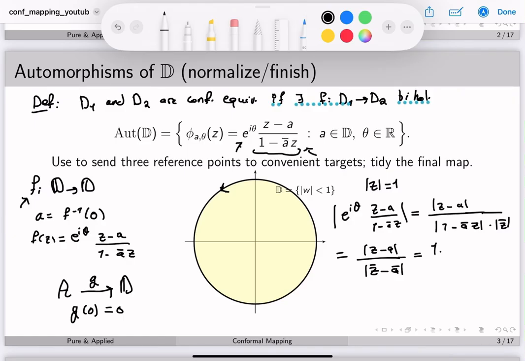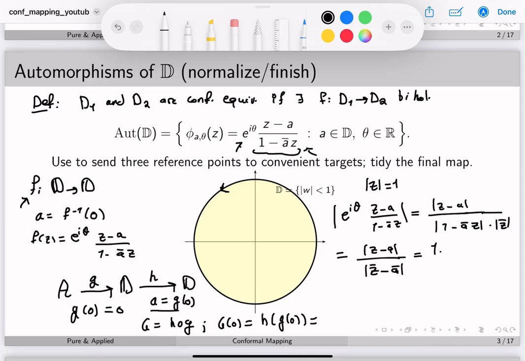So what we can do in such cases is introduce a new map, let's call it H, and we can take a to be g of 0. And then we can introduce our new conformal map to be simply H composed with G. And the reason we want to do that is because G of 0 now is simply H of G of 0.